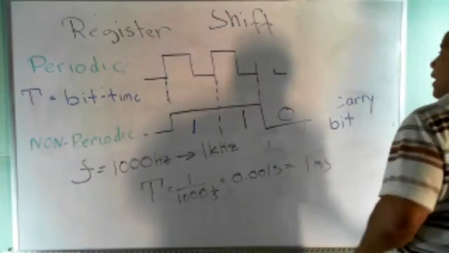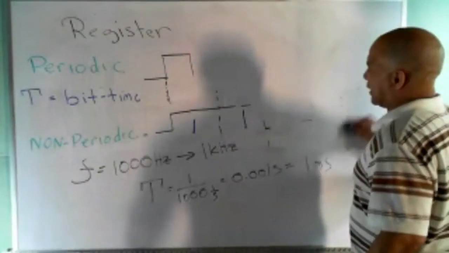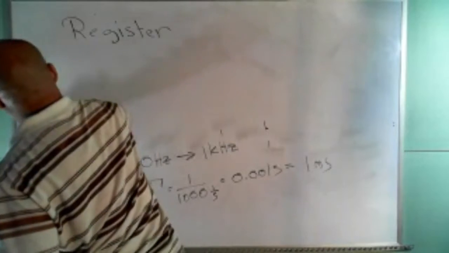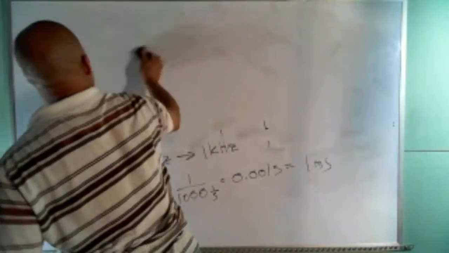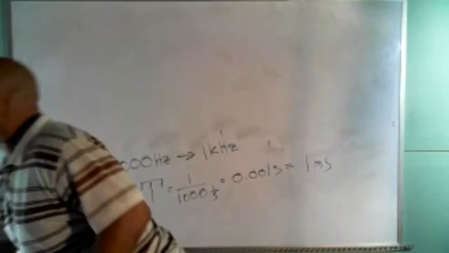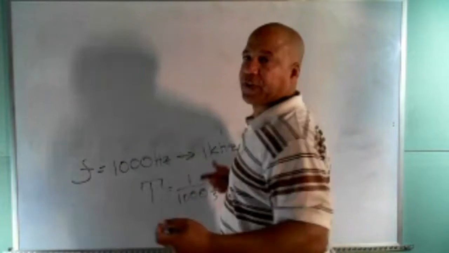So I want to talk about a register. Now, registers are actually devices. You can size them. They have a lot of parameters. If you're getting into this, you could really do a couple of classes on just shift registers. So I want to really simplify it, and we're going to think of a shift register as just a group of cells together.